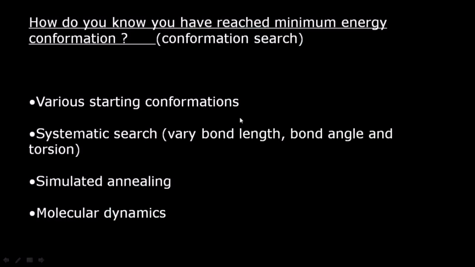So, there are different types of conformational algorithms. So, how do you know you have reached minimum energy? Okay. I mentioned that you can look at the change in energy, or you can look at the delta E by delta change in the conformation, but that could lead to local minimum rather than global minimum. But one of the approaches followed to find out whether you have reached global is to start with various starting conformations.